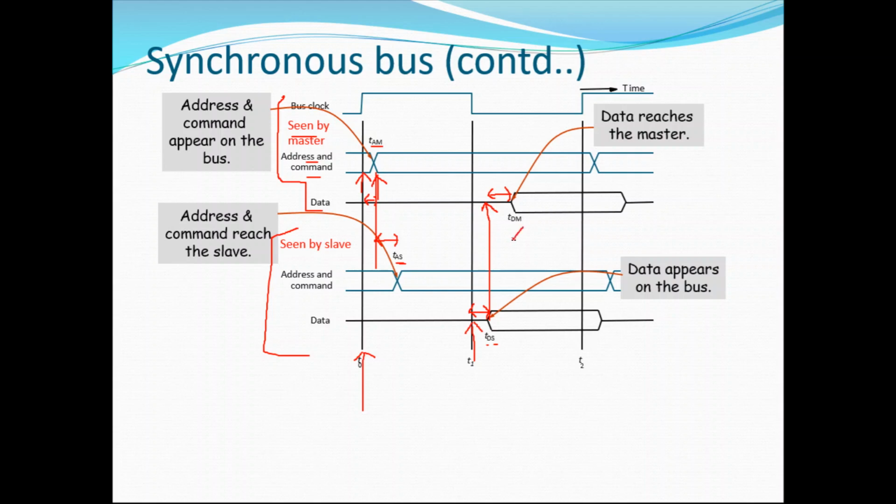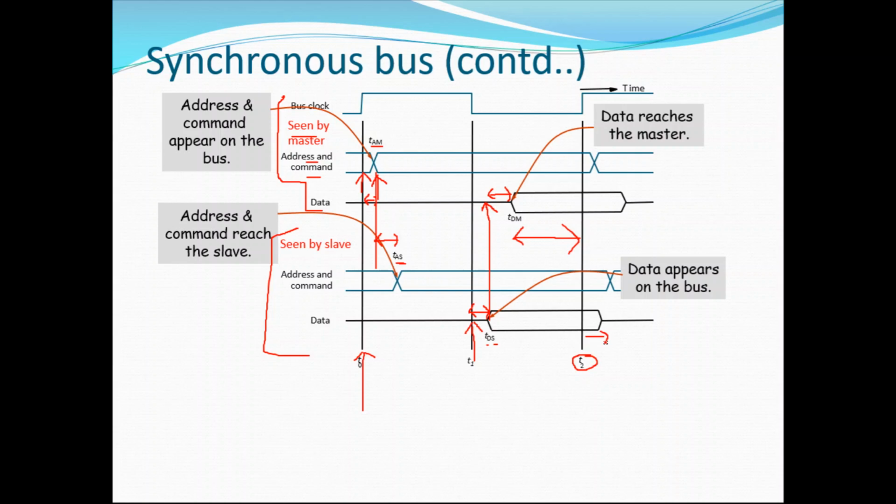As we know, the master will set up the input buffer. Everything works on timing, so the master will start reading the data at time T2. The slave also knows that the master will be reading only at T2, so the slave will not remove the data immediately. After T2 also you see data is available.